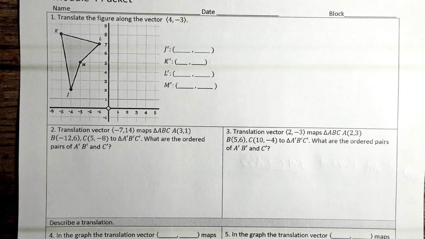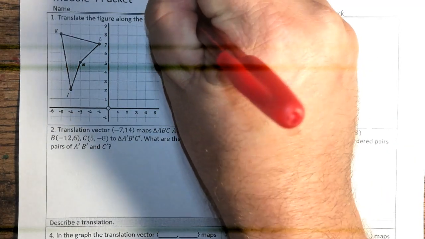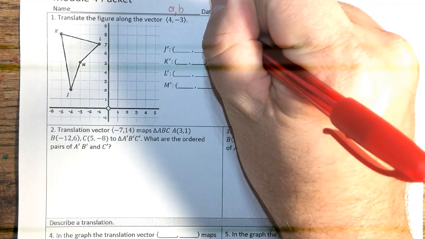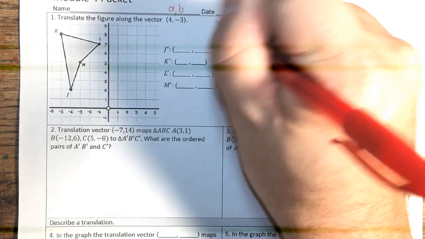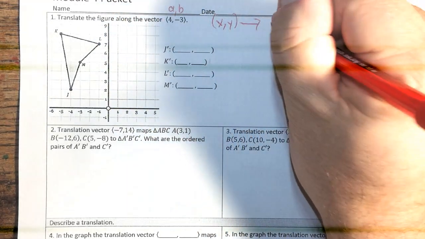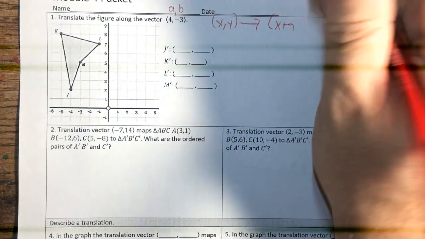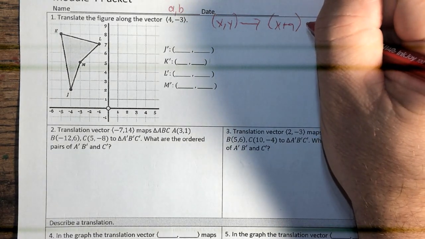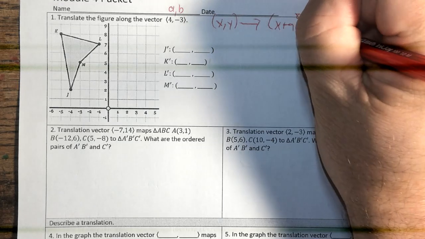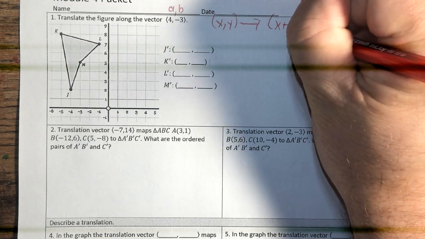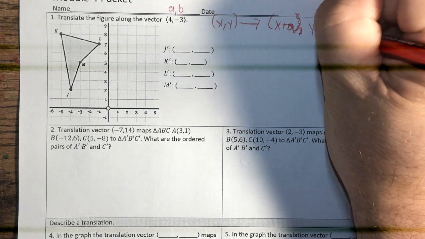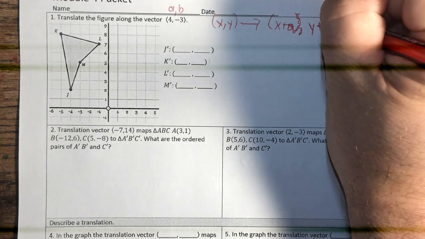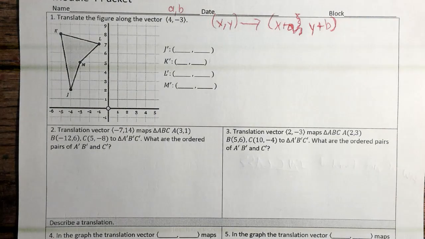We're going to translate the figure along vector <4, -3>. So this is our a, this is our b, and (x, y) is going to be (x + a, y + b).